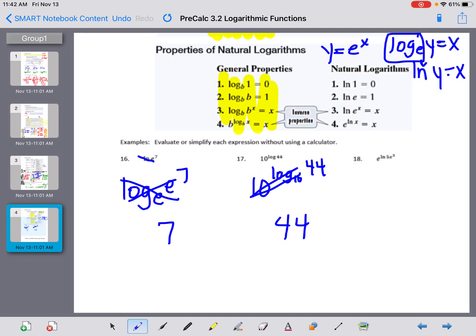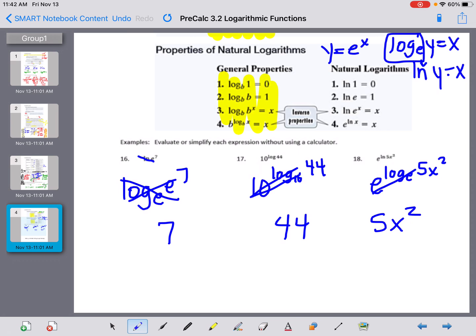Again, on 18, I see that natural log, so if I see e, I could rewrite natural log as log base e of 5x squared. Well, that means my e is my base, my log base e, they cancel, and I'm left with 5x squared.